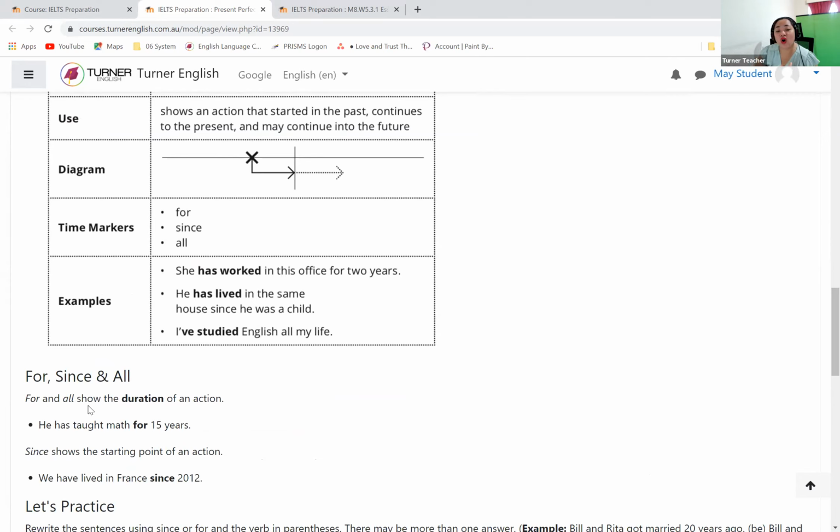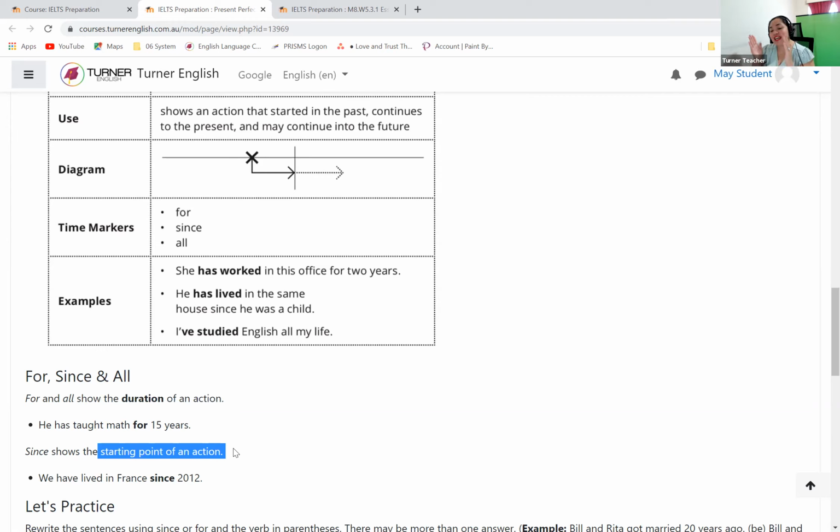For and all show the duration of an action. So, he has taught math for 15 years. What is the duration of the action? 15 years. And since is used to show the starting point of an action.